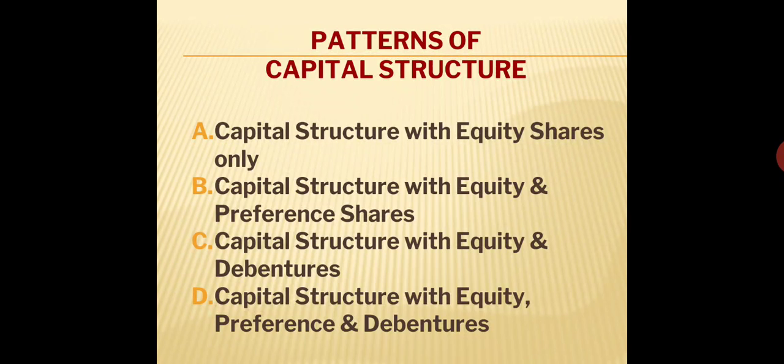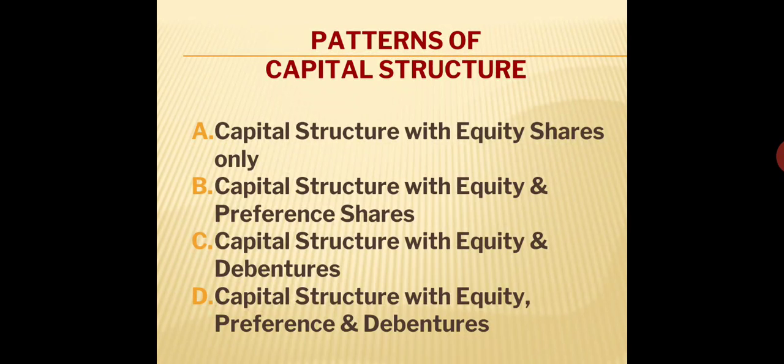Fourth one, since debenture holders have no voting rights, interference in the management is avoided, and yet additional capital can be obtained through the issue of debentures. As we all know, if a company raises its whole capital through equities only, then definitely equity shareholders have the voting powers, and they are able to rule the management by their voting powers.